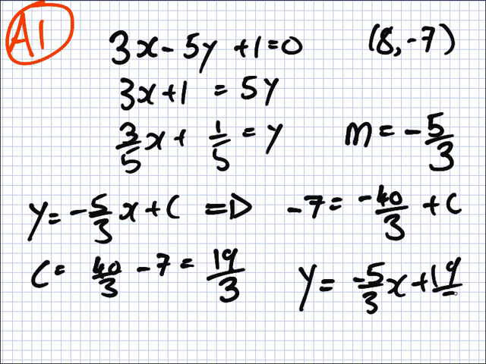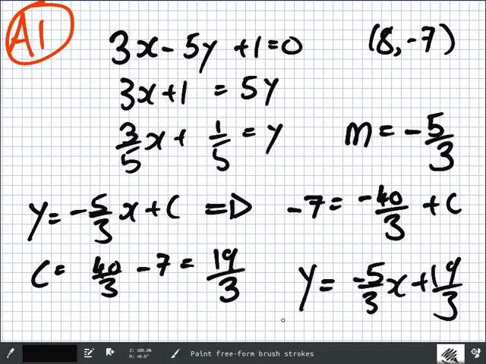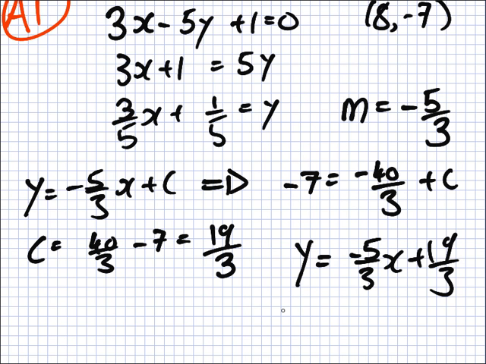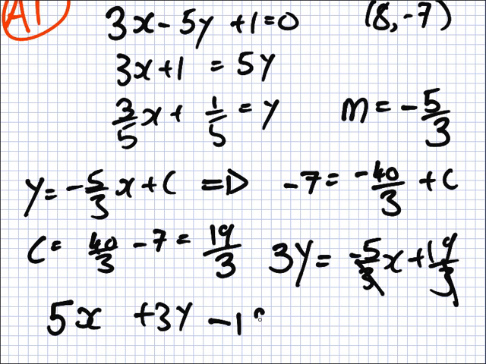Now that's not finished because the question said write your answer in the form of ax plus by plus c. So what will we need to multiply here by? 3, won't we? So if we multiply by 3, I'll take the 5x to the left. So that's 5x plus 3y minus 19 equals 0.